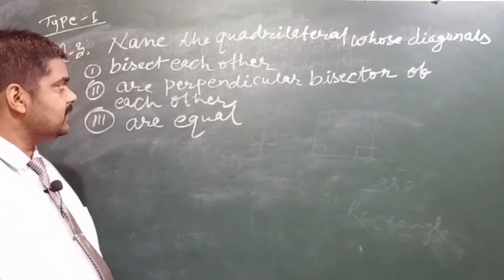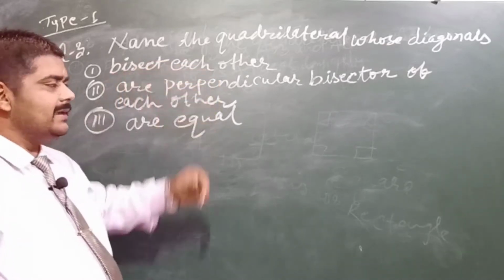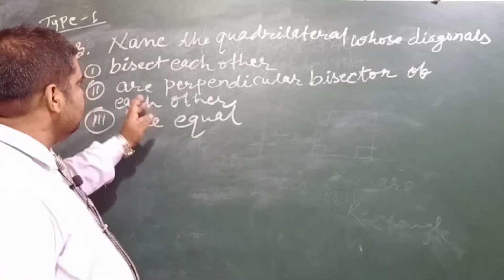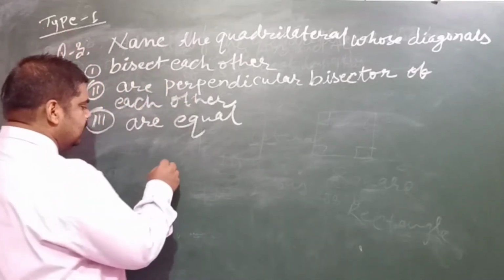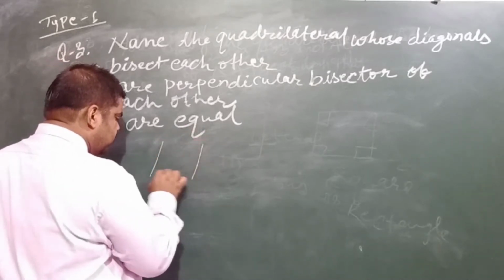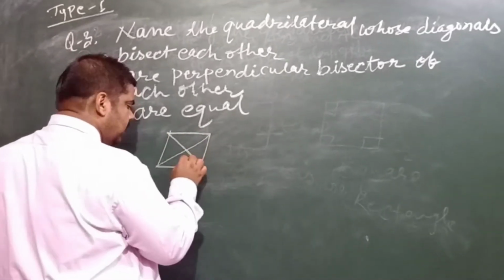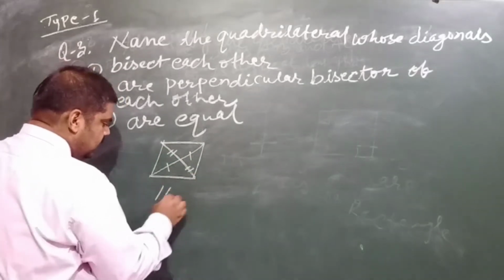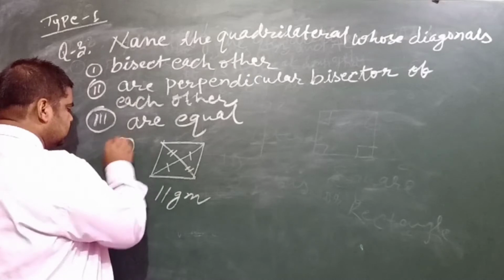My dear student, name the quadrilateral whose diagonals bisect each other. Actually this question belongs to NCERT. You know that in the case of a parallelogram, the diagonals bisect each other. So the first answer is parallelogram.